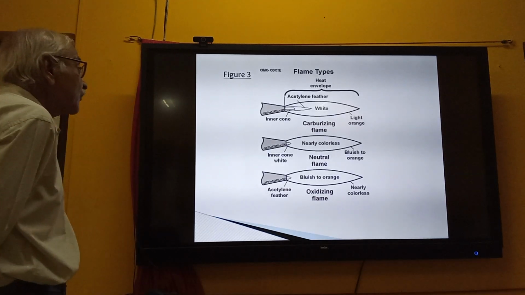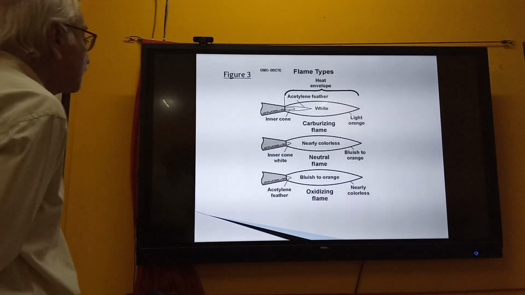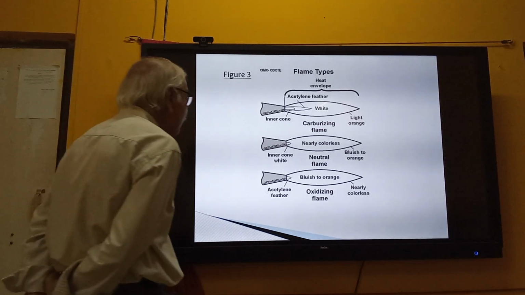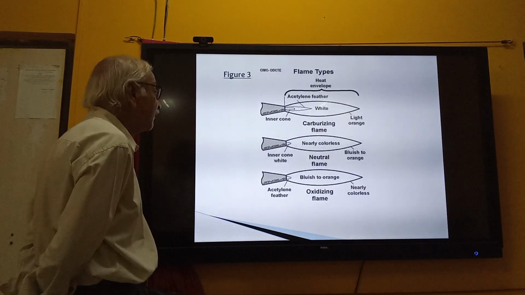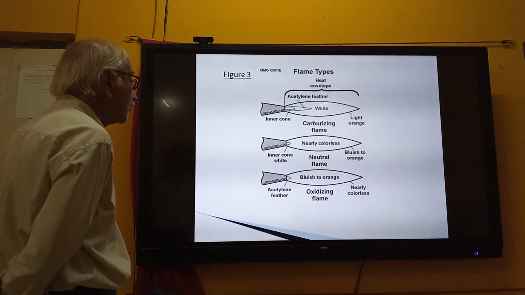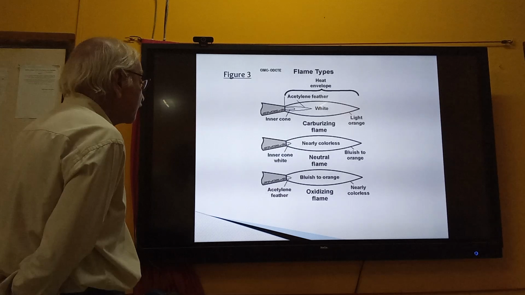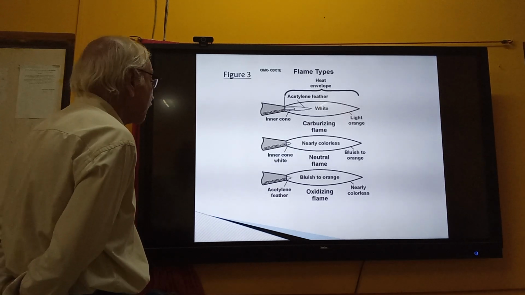Now, these are the types of flames that we get in a gas welding system. First is a carburizing flame. When acetylene is higher and oxygen is lower, we get a carburizing flame, or sometimes it is called a reducing flame.